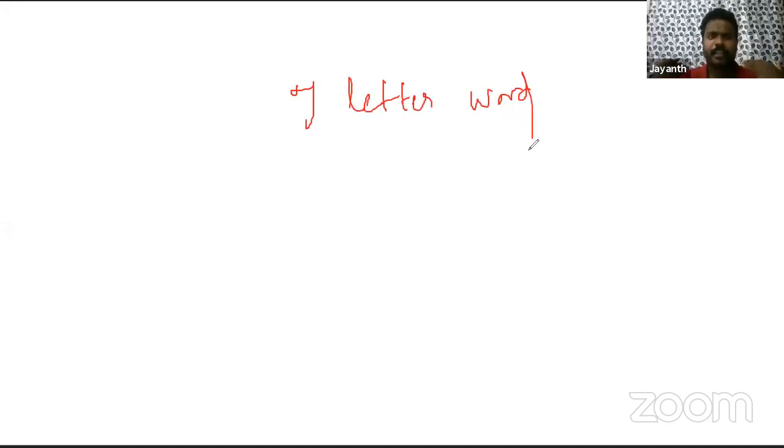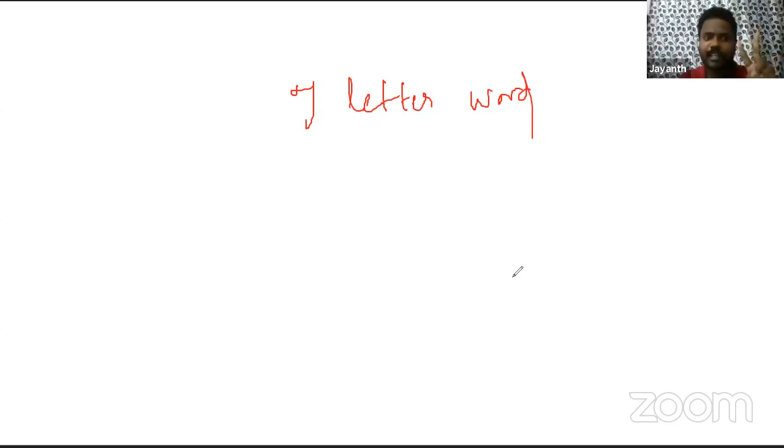Okay, I'm a 7-letter word. If you remove the first letter, the meaning of the word remains the same. I want to see the comment box. I want to know what you guys are commenting. I'm a 7-letter word. If you remove the first letter, the meaning remains the same.